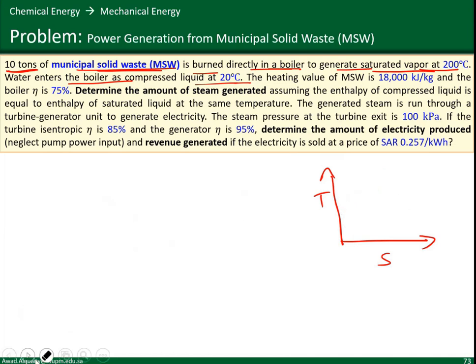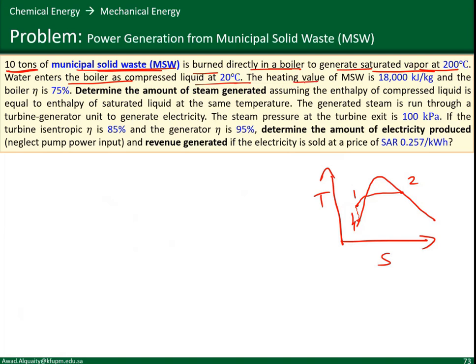Give me more space. All right, so this is state 2. This is state 1. So this is state 4, and that's what we have information for now.